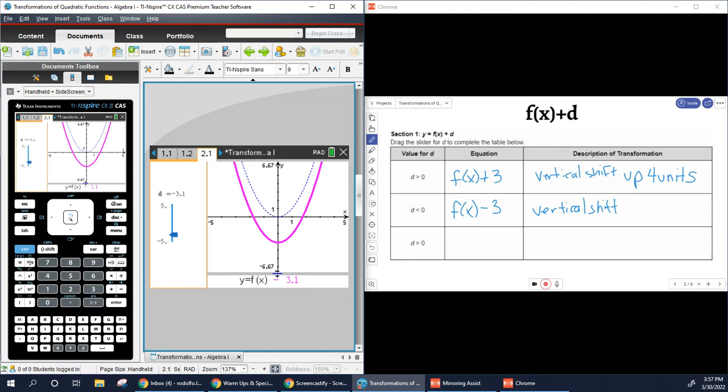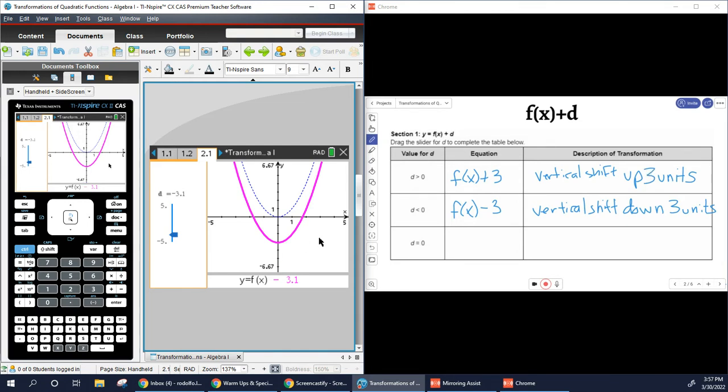But instead of moving up, since we're subtracting, we're going to move down 3 units. And I just realized this should have been a 3. If we're doing plus 3, it should move up 3 units. If we did plus 4, it would have been up 4 units.